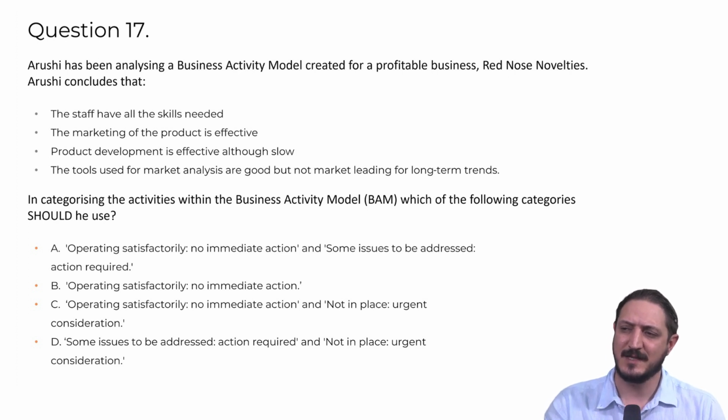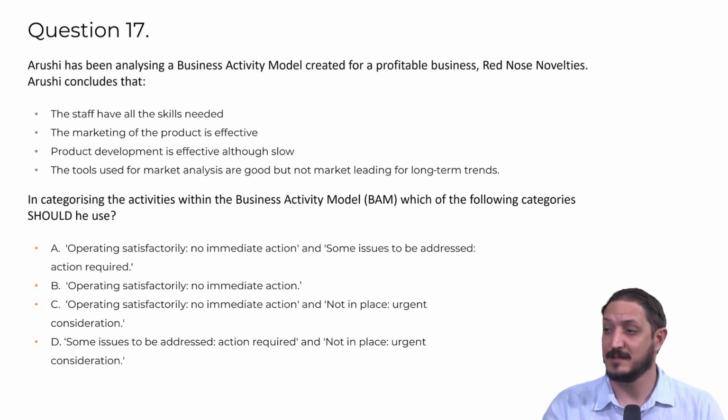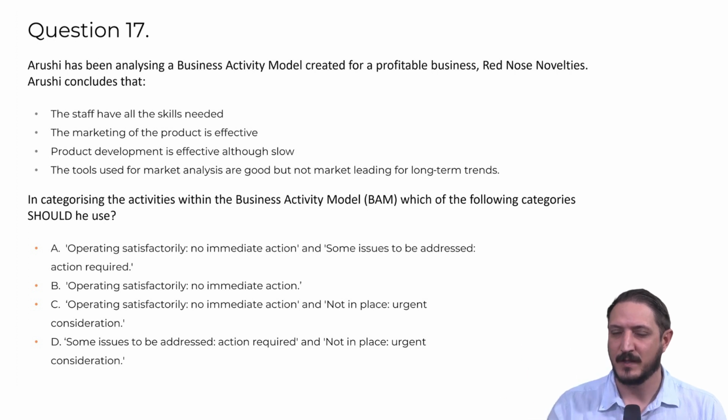So already we can see that it's indicating that the business is profitable. So is there anything that really needs to be changed in this business? And Rishi is potentially the business analyst or consultant, and they're looking at the business activity model. So you can see contextually from what I've described before, this is all taking place.